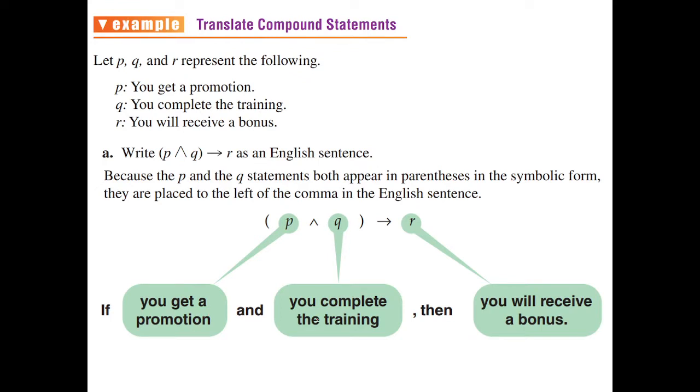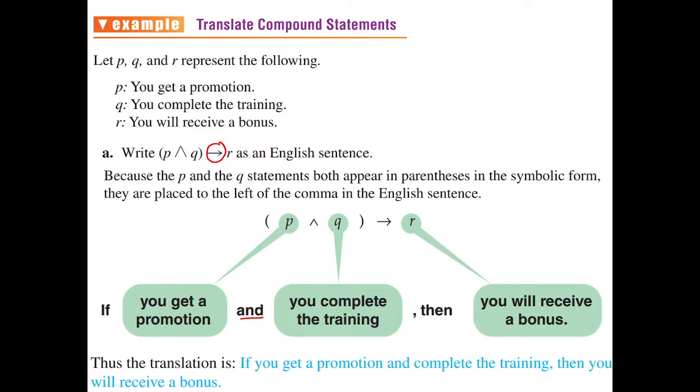Q is you complete the training. Now, this is the symbol for and. That's why this is and. As you can see, I'm using if then because this is the symbol for if then. If this compound statement, then comma, then R, you will receive a bonus. So meaning the translation is simply, if you get a promotion and complete the training, then you will receive a bonus. So this is how we translate this symbolic form statement into an English sentence.